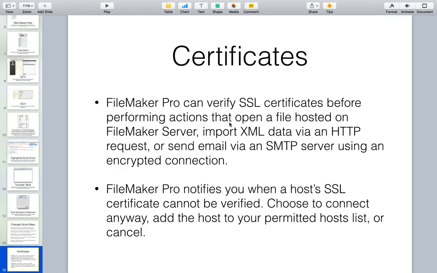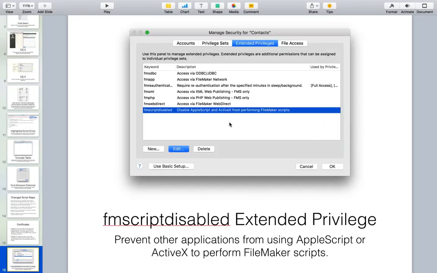FileMaker Pro notifies you when a host SSL certificate cannot be verified. Choose to connect anyway, add the host to your permitted host list, or cancel. So kind of the same thing, just reiterated there. And I've never really played with certificates. I know obviously it's a way of authenticating and proving you are who you say you are, I guess. But not really sure how this works, but FileMaker is stepping up their security game.